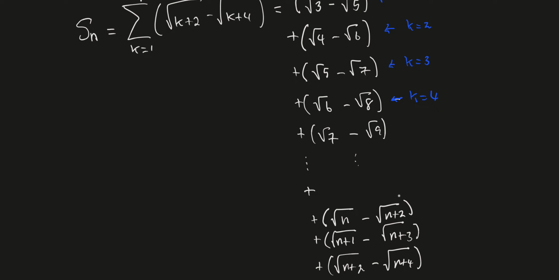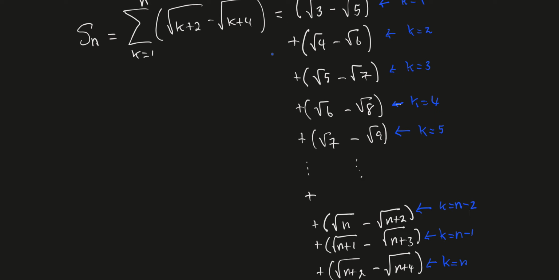So I've written out a few more terms just to help us see the pattern. This is the term that we get by replacing k with 5. The very last one is what we get by replacing k with n. This one, I replaced k with n minus 1. This one, I replaced k with n minus 2. But now we can see how things will cancel out.